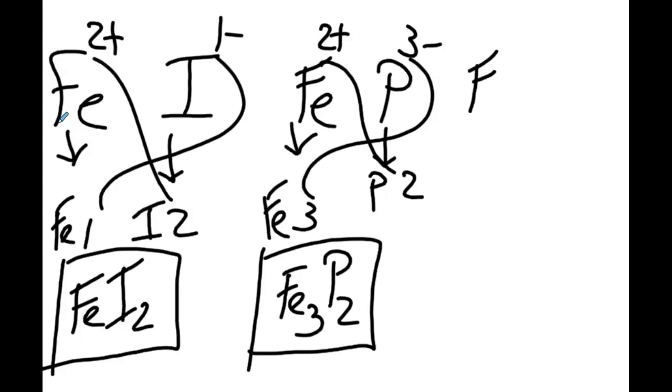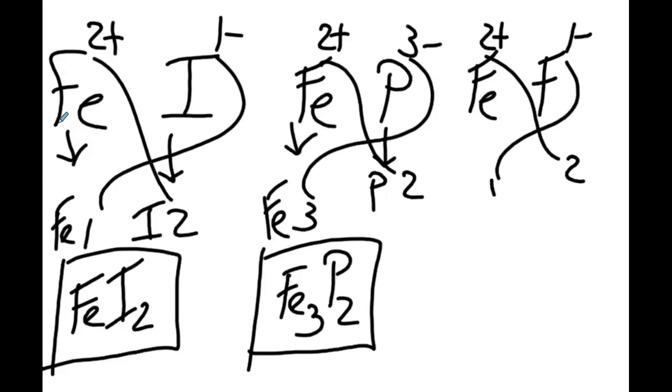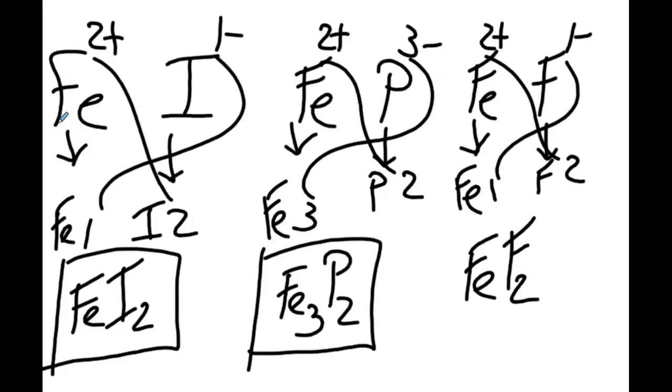Let's have Fe, 2 plus, fluorine, 1 minus, crisscross my numbers, symbol straight down. And again, I only write the symbol for iron because there's a 1. That symbol represents that. Then I do the capital F and the 2 to show that it takes 2 fluorines to balance iron when it's a Roman numeral 2.